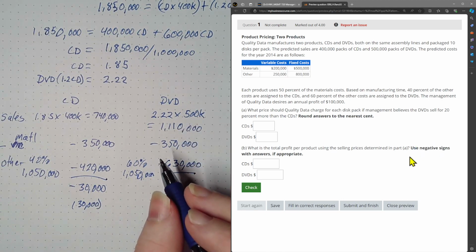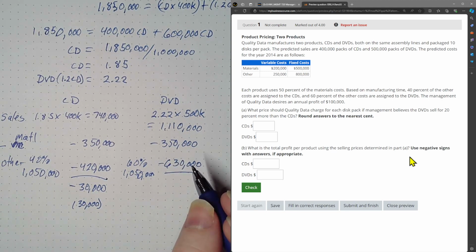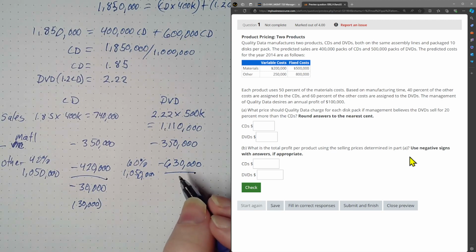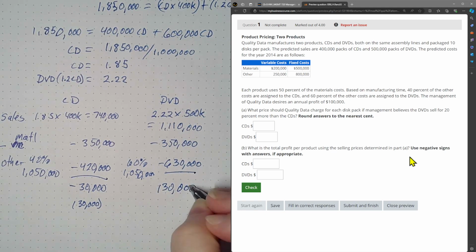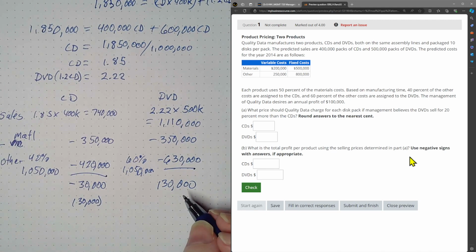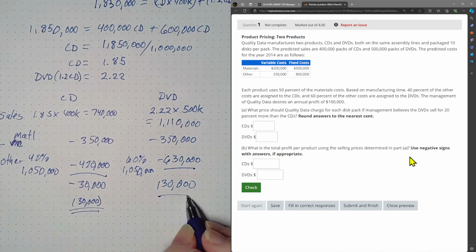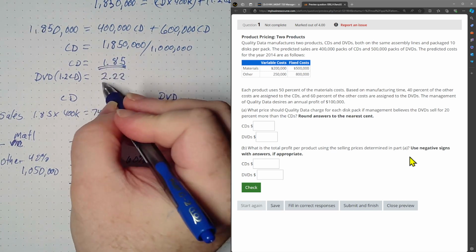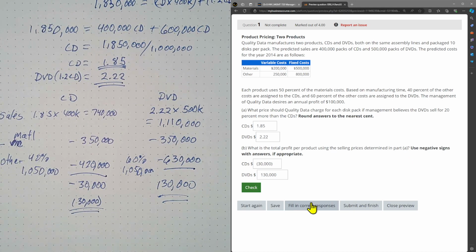Here we've got 1.11 million minus 350 minus 630 equals 130,000 profit. So this one's at a loss and this one's at a profit. So these are the answers. Let's see what we get. And those are the answers.